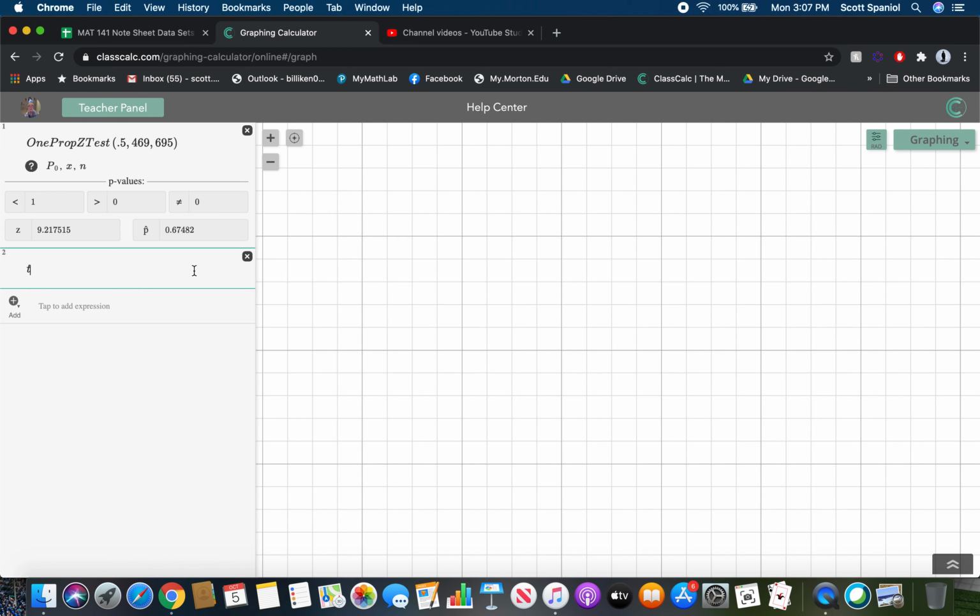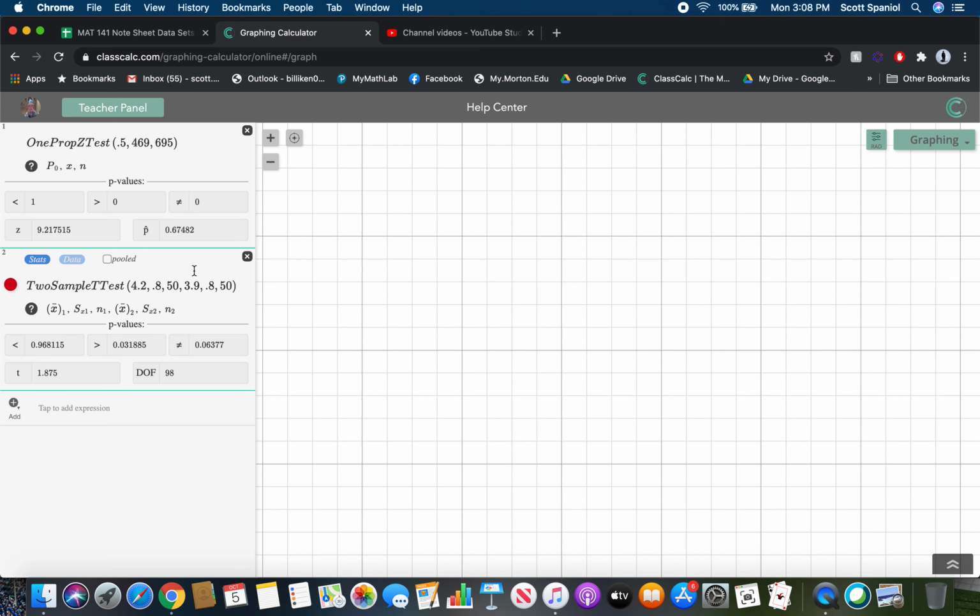So now we can do a 2-samp t-test, TSTT, and we can put in the given information. So the mean for the chocolate group was 4.2 with a standard deviation of 0.8 and a sample size of 50. The mean for the second group was 3.9 with a standard deviation of 0.8 and a sample size of 50. And so what we get for our p-value for greater than is p equals 0.0319, which is less than our alpha.